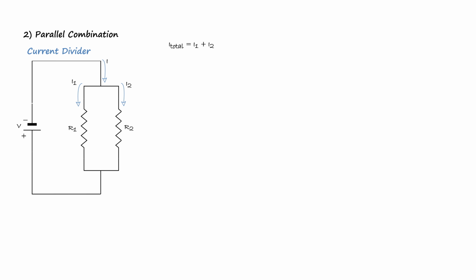And we can write I1 and I2 using Ohm's law formula, which is I1 is equal to V or voltage divided by R1, and I2 is equal to V divided by R2.